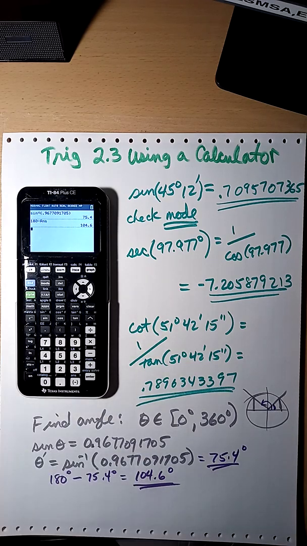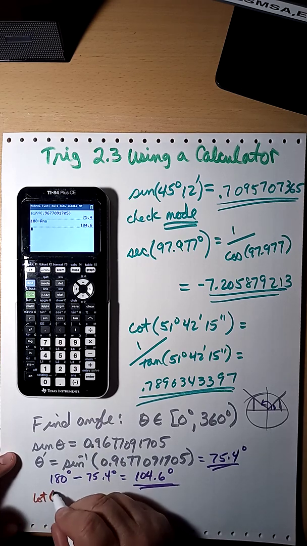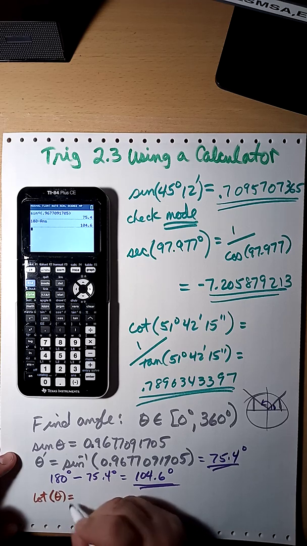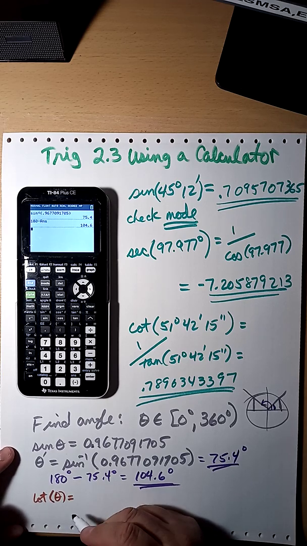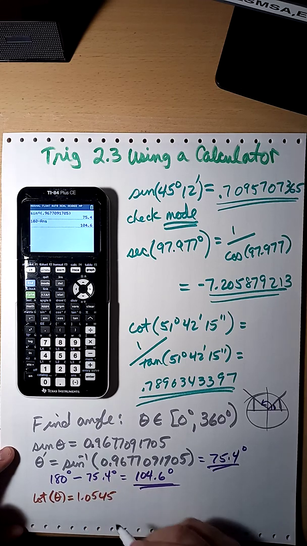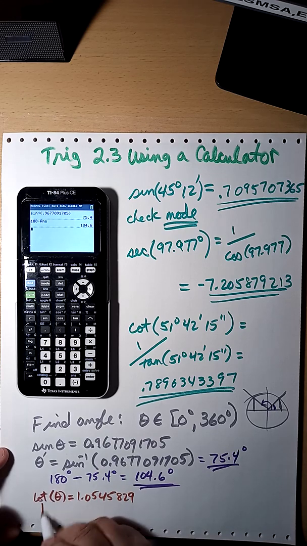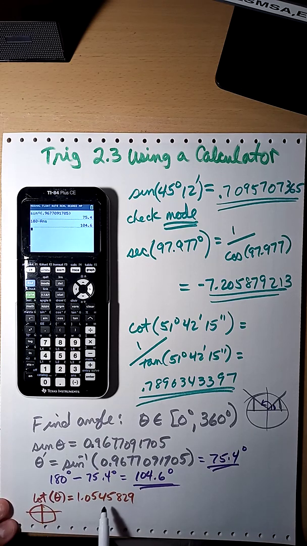If we do a cotangent, let me change colors. The cotangent of an angle, we don't know what it is, 1.0545. So, in what quadrants is the cotangent positive?